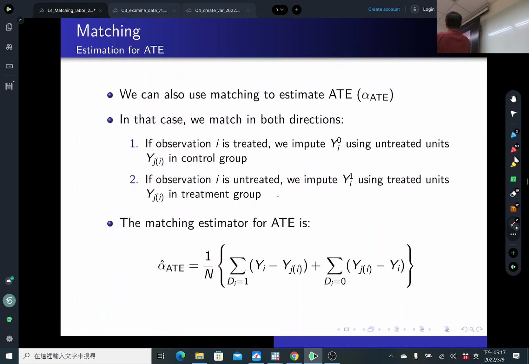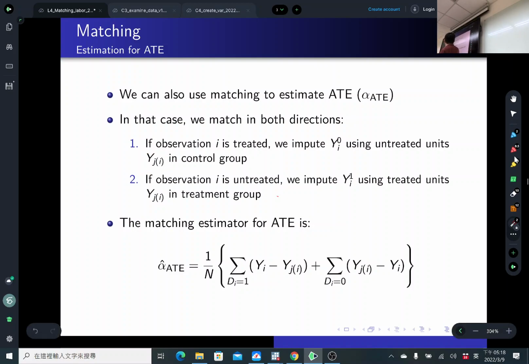And how can you estimate the average treatment effect for the whole sample? It's also very similar, since each observation in the whole sample either gets a treatment or does not. For an observation that gets a treatment, you need to impute Y0, because you don't observe what if they do not get a treatment, using the control group.